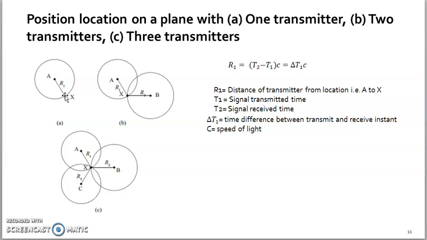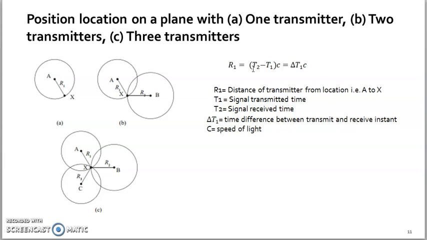So suppose consider that here we have R1, the distance from A to X, and we can calculate the distance from location A to X, where T1 is the instant at which the signal is transmitted from your position A, T2 is when the signal is received at our location X, and C is nothing but the speed of light.